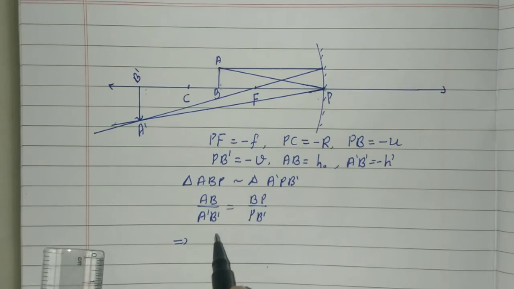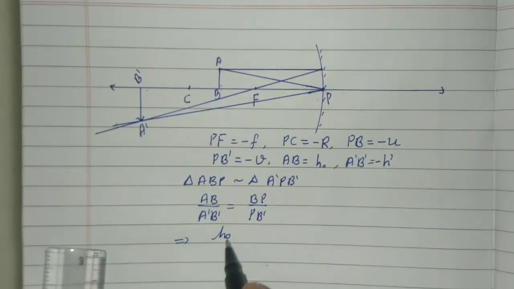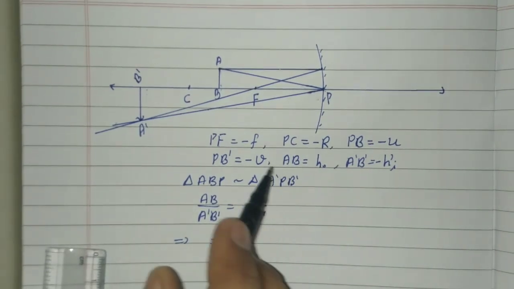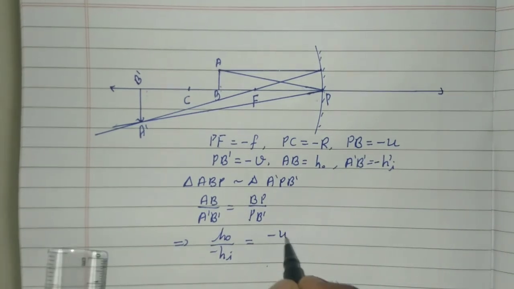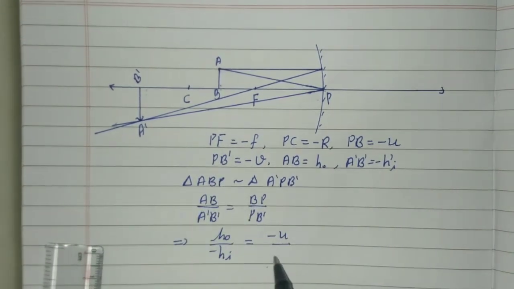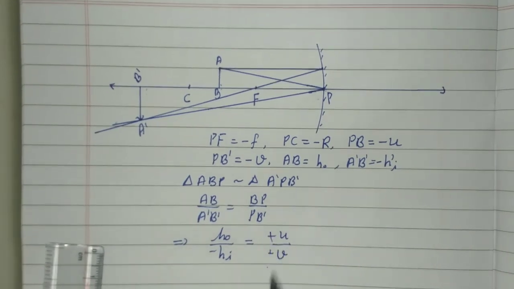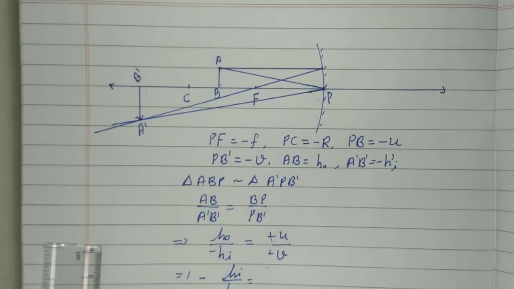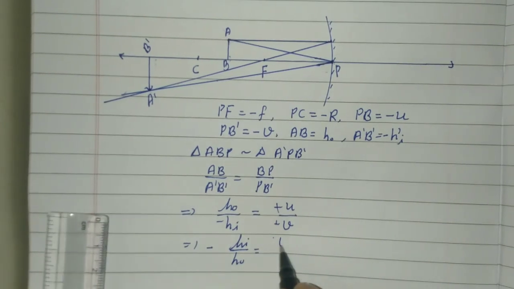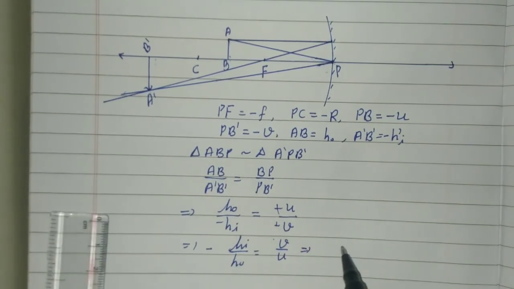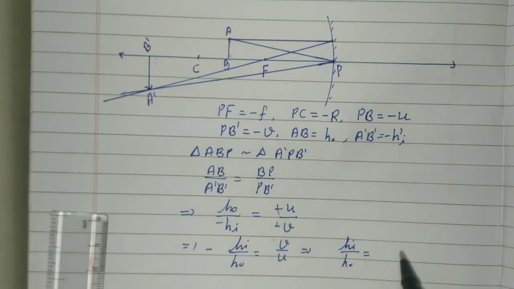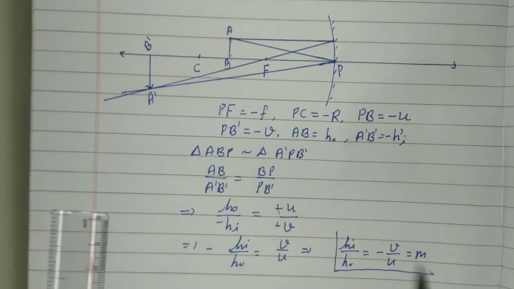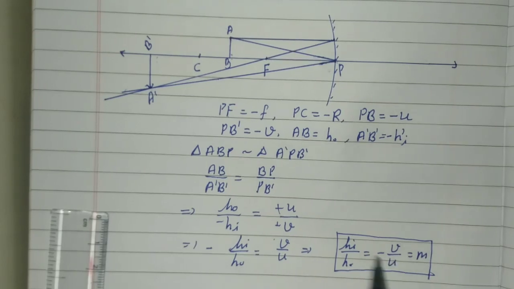This implies AB is equal to h0 and A dash B dash is equal to minus hi. PB is equal to minus u and PB dash is minus v. Minus and minus cancel. We will get minus hi upon h0 is equal to v upon u. This implies hi upon h0 is equal to minus v upon u, which is equal to magnification. Hence for the mirror, magnification m is equal to minus v upon u.